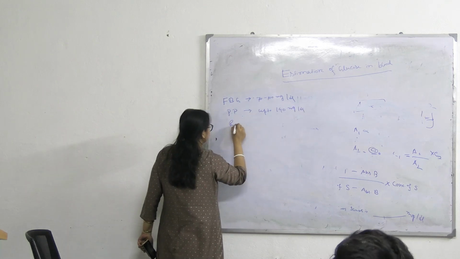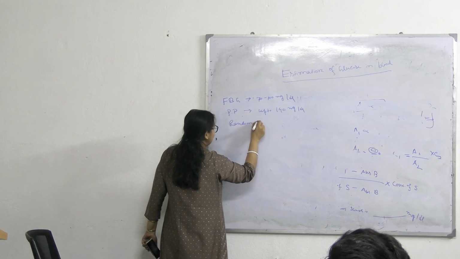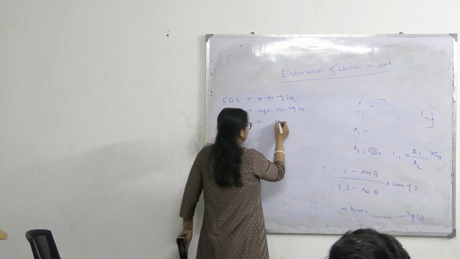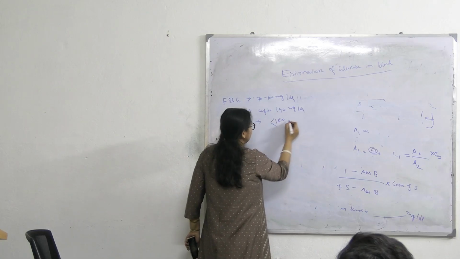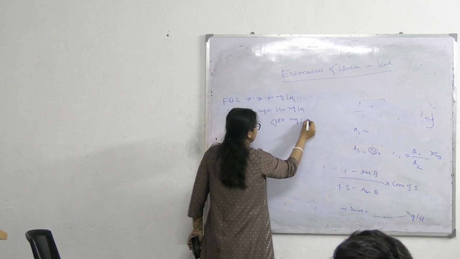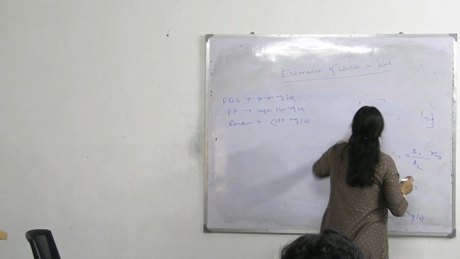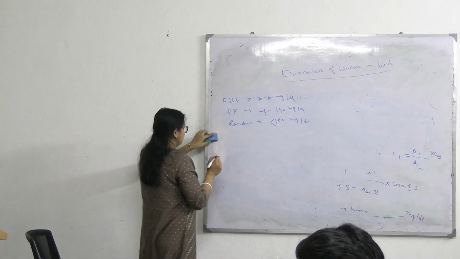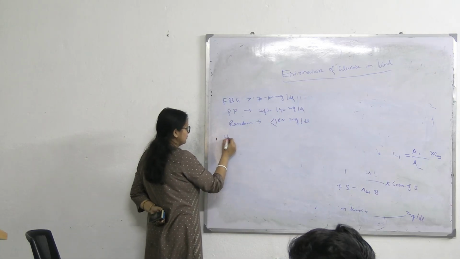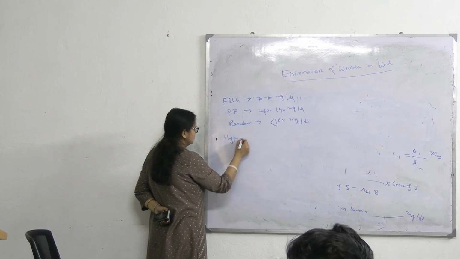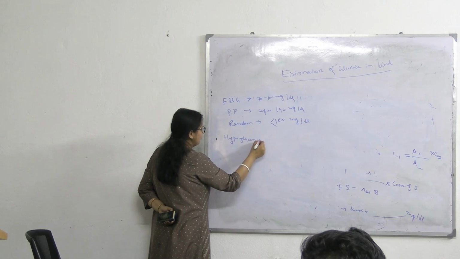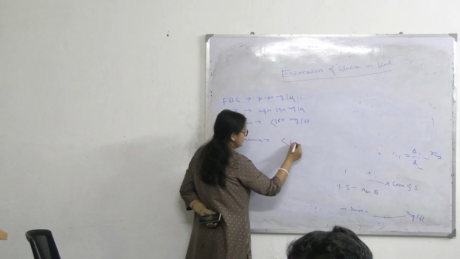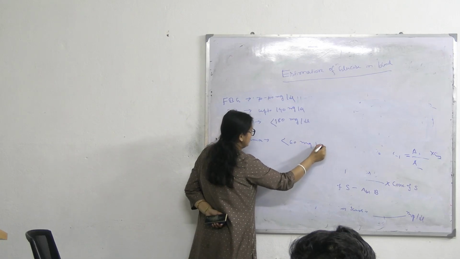For random blood glucose, less than 180. So when we will call hypoglycemia? When blood glucose level will be less than, actually it is 60 milligram per DL.